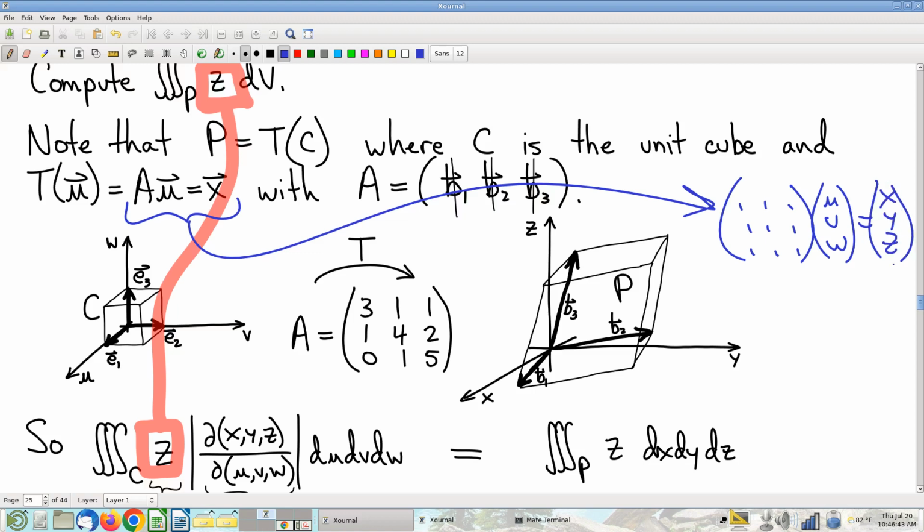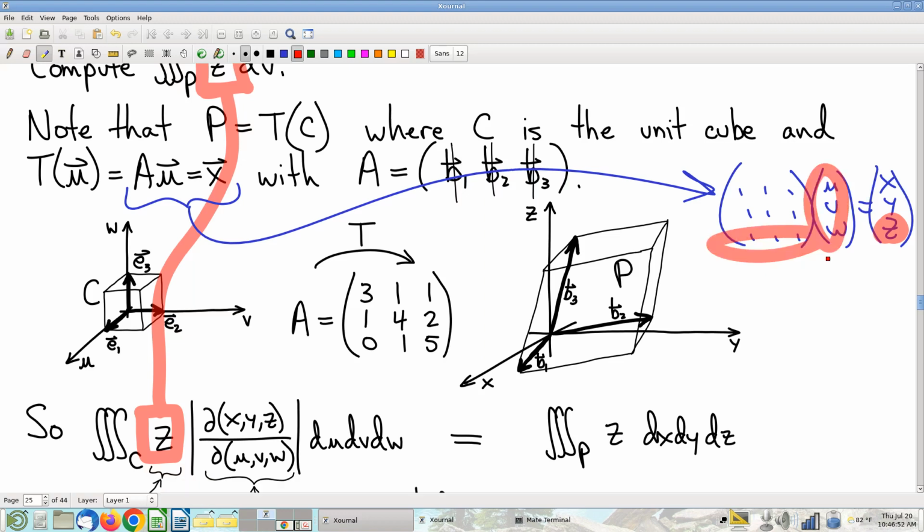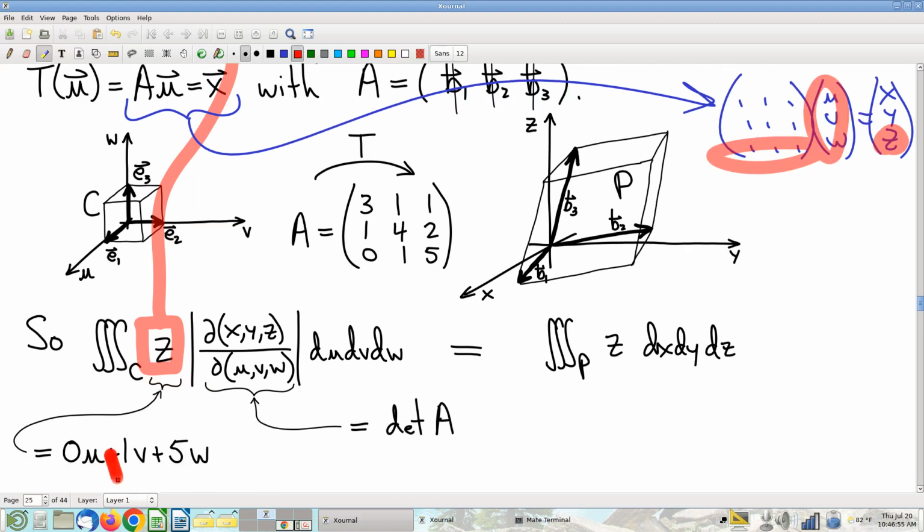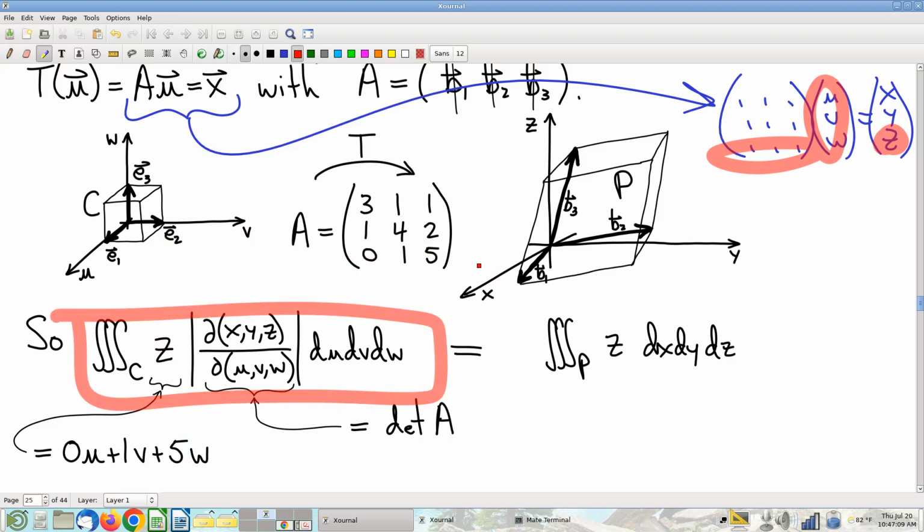And so I can tell you exactly what z is. Z, the third output variable, is just that dot product. So it's that right there, coefficients being that third row. And it's all over but the shouting. This integral is much easier to compute because it's an integral over a cube. It's a single iterated integral. Easy computation. Is everybody on board?